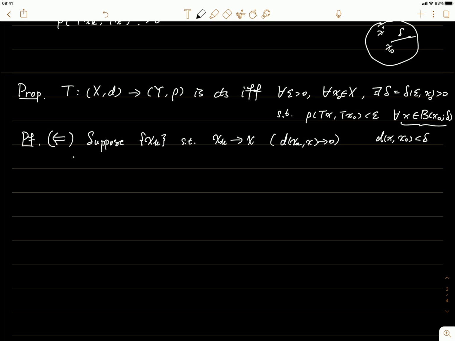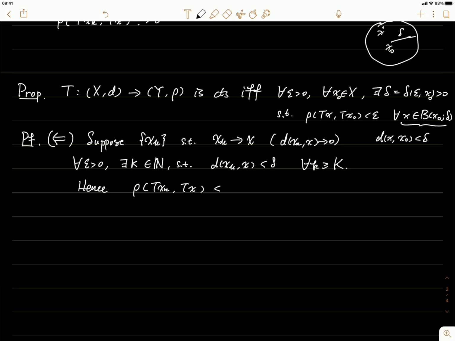If this is true, then for any epsilon greater than 0, I know that there exists some capital K such that the distance between this xk and x is less than delta for any k greater than or equal to capital K. And since this is less than delta, this is going to imply that the distance between T xk and T x is less than epsilon.